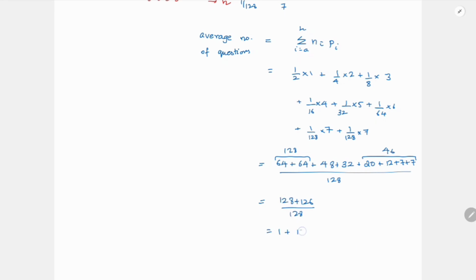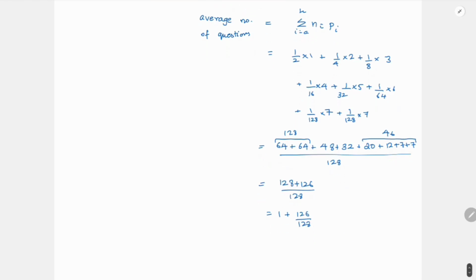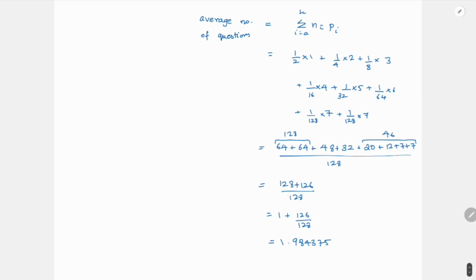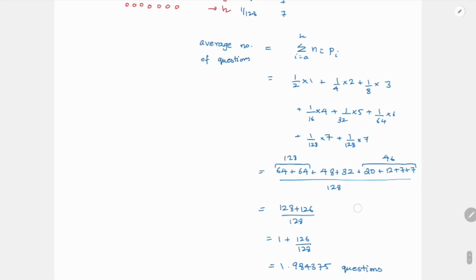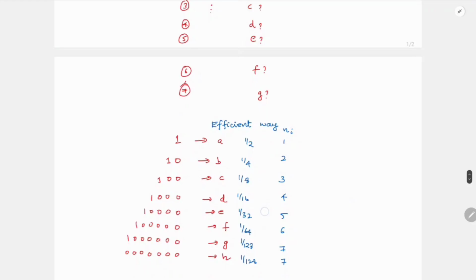So it is 1 plus 126 by 128. What is 126 by 128? It is 0.98. So this is equal to 1.984375. So this is the average number of questions. So these many questions on average you need to ask to find the symbol in the efficient way.